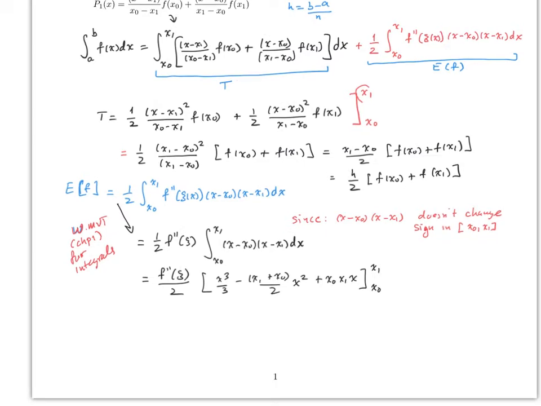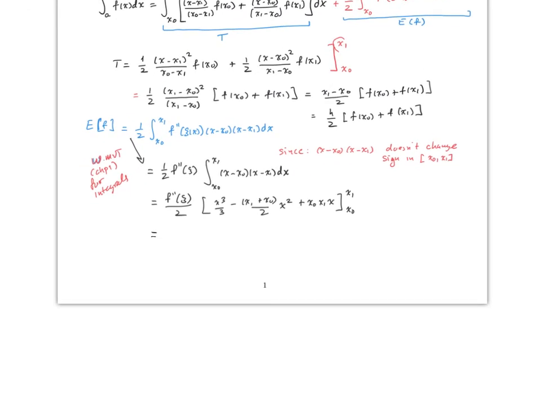Once you plug in everything, which is a little messy, and simplify, you're going to end up with this. The second derivative evaluated at c over 2, and then x1 cubed over 3 minus x1 cubed over 2, and then x0 times x1 squared divided by 2, then minus x0 cubed over 3 when you plug in the lower limit, so you will end up with this.